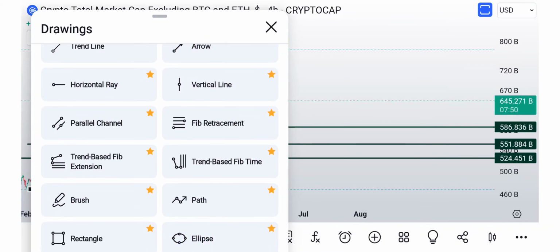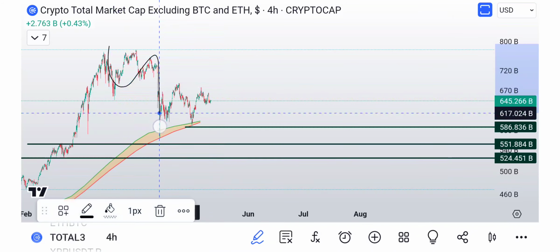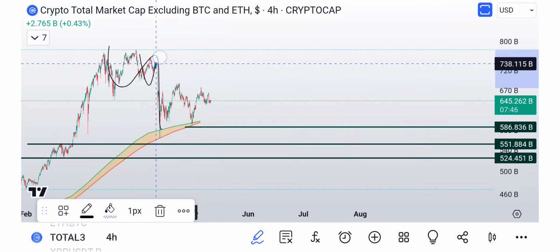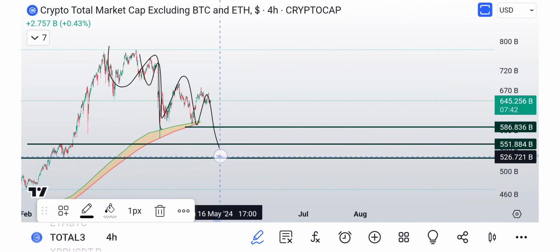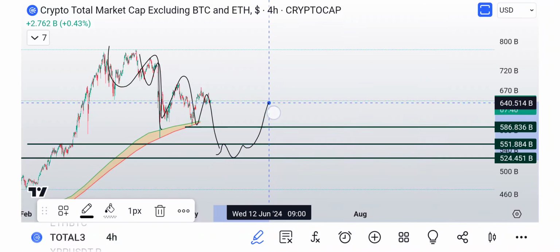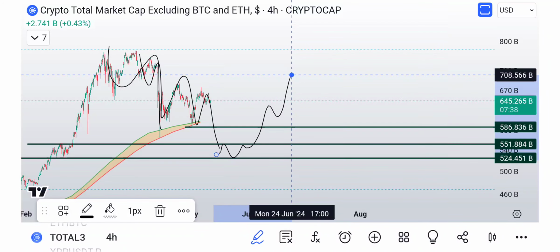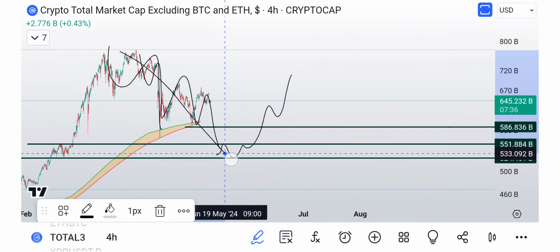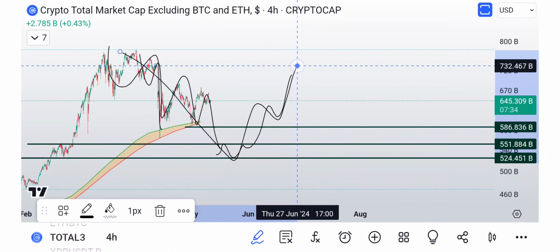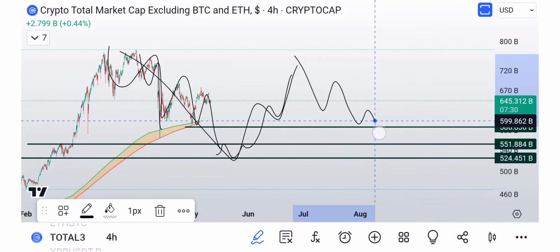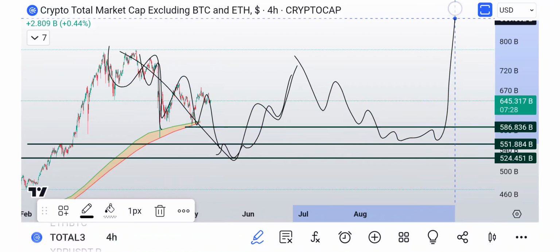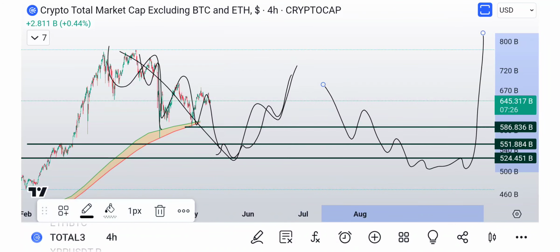So you can see, right, A, B, C, 1, 2, 3, 4, finish up for 5, right? We come back up for B and a B wave. So this whole thing would be A. It would be a zigzag, a big complex B, and then come all the way down in C, and then go to the moon, right?